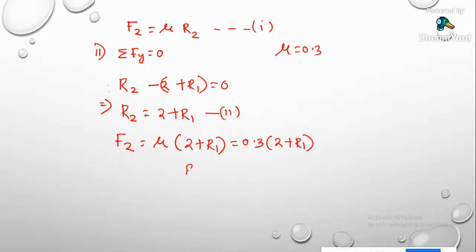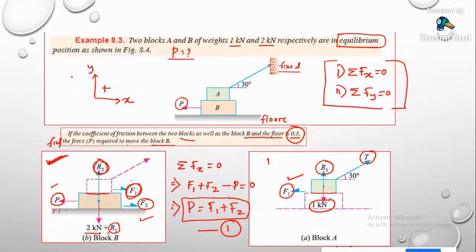So now our job is to find this R1 value. If we can find R1, then our job is almost finished. So how do we find R1? We can find it from the free body diagram of block A.